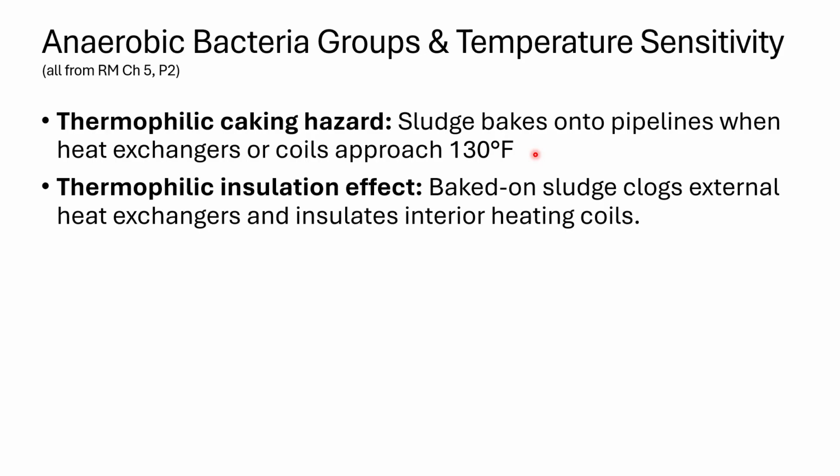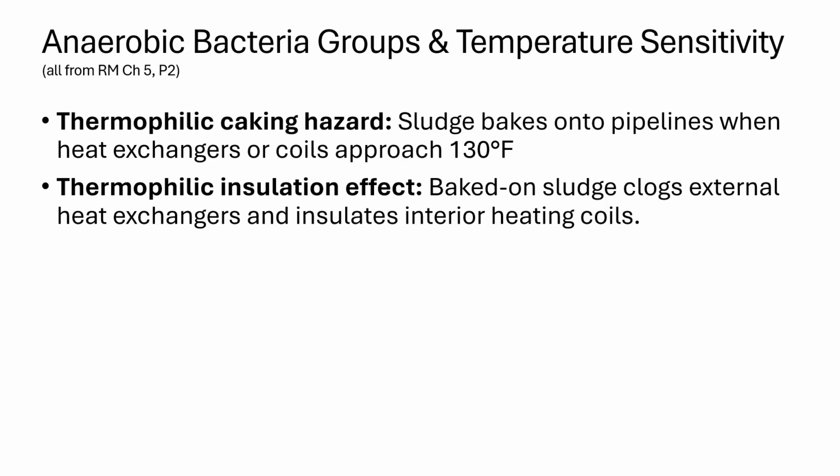We're clogging ourselves up here when we start heating at the higher end of that range we talked about. If that sludge bakes on and clogs, it can clog the heat exchangers, and it can insulate the heating coils. So we're basically causing ourselves problems by allowing these temperatures to go near the higher end of the range at 130 degrees Fahrenheit.